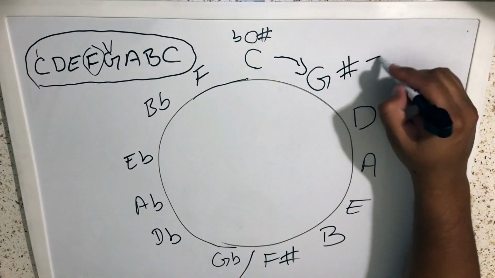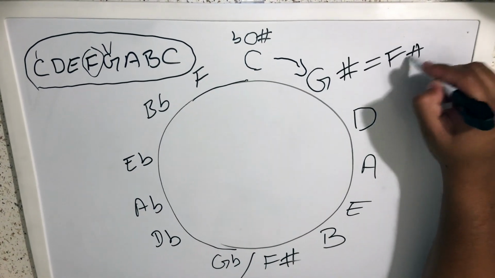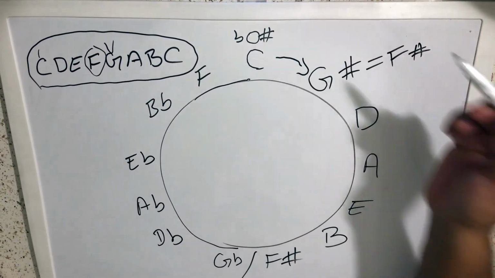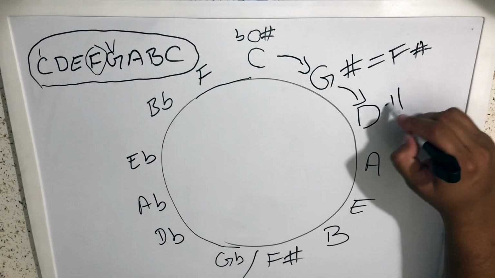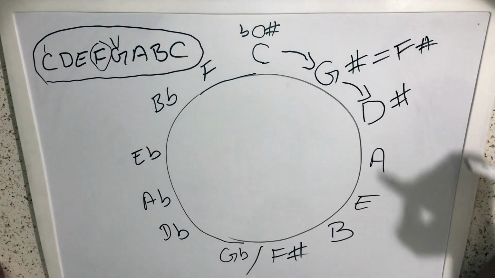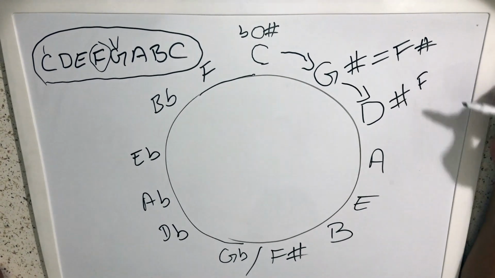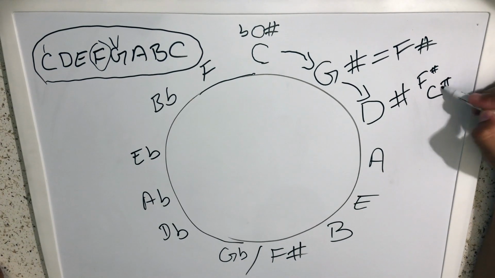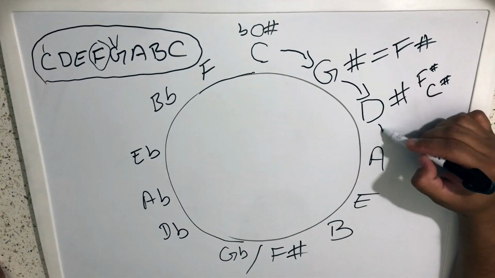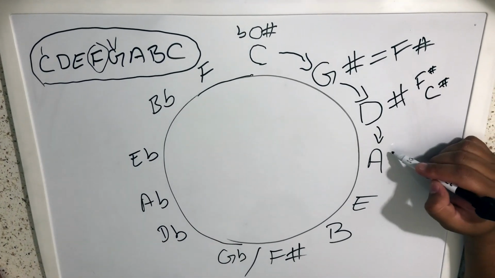This sharp will be an F. So an F sharp in the scale of G. D has 2 sharps, which are F and C. So F sharp, C sharp. A has 3 sharps, right?